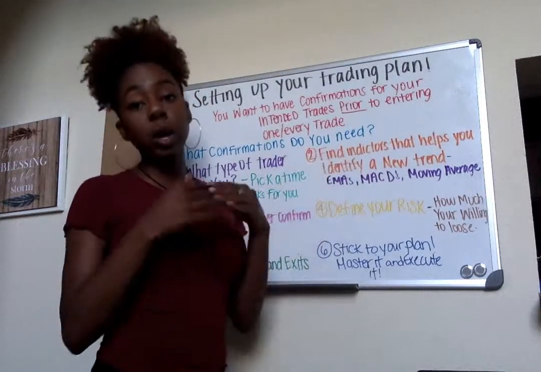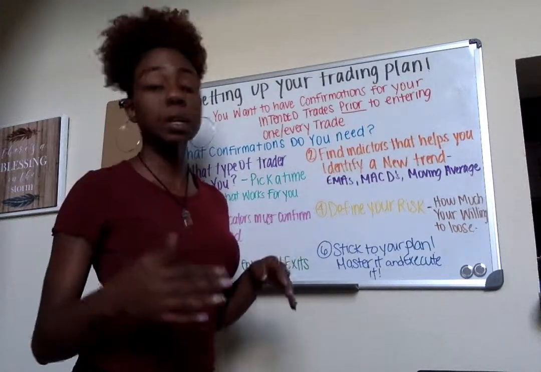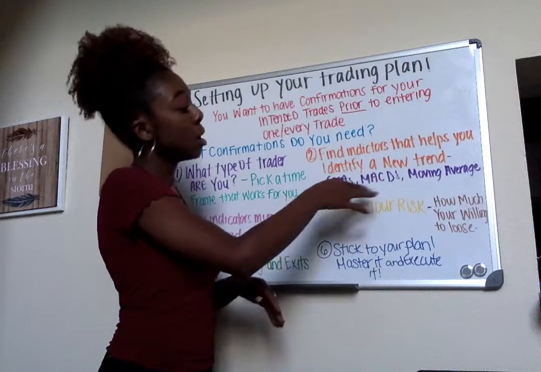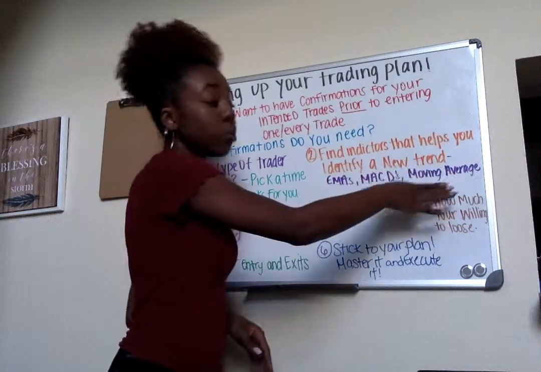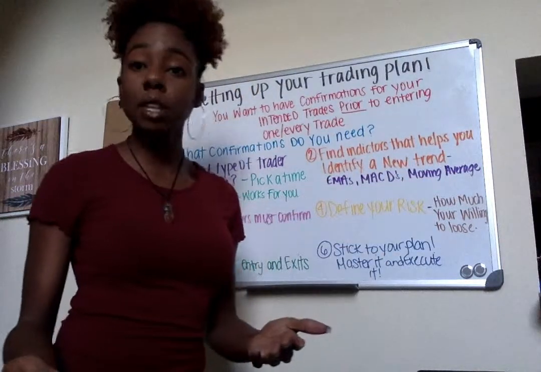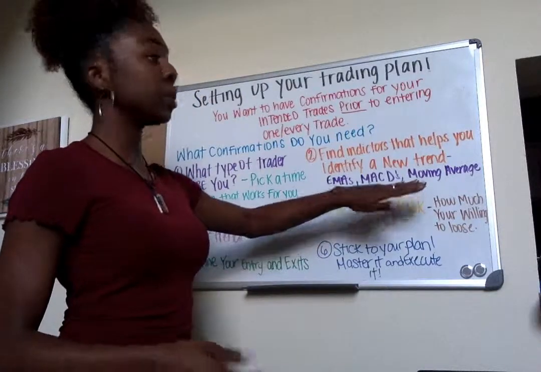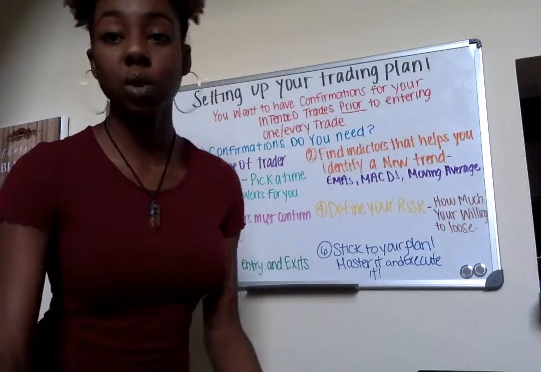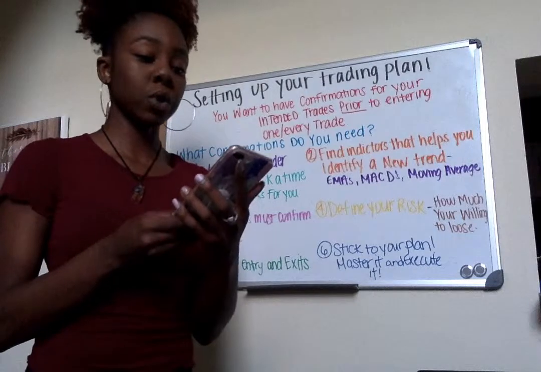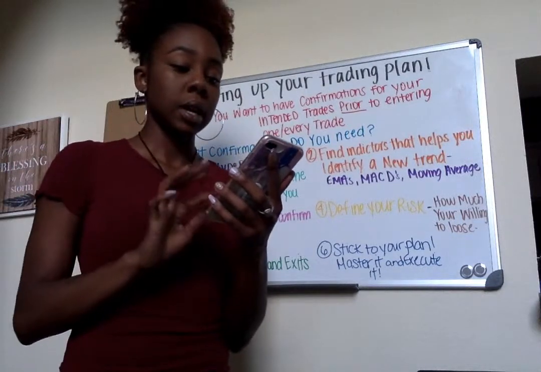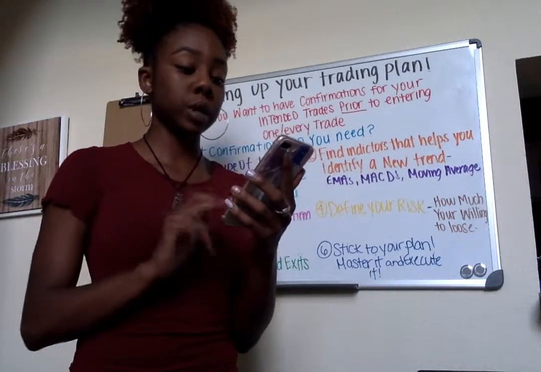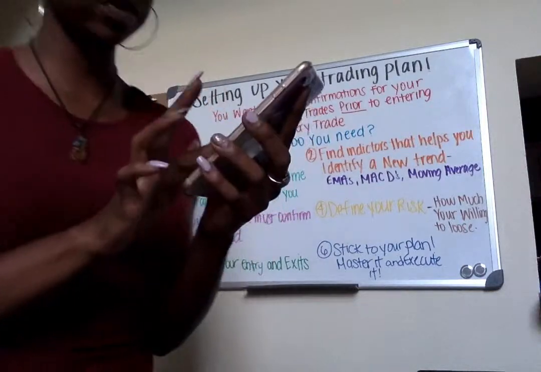Those indicators will help you understand which one it is, whether it is the EMA or the MACDs or your moving average. I know that sounds like gibberish, but it is very simple. I will actually show it to you because you've seen my chart in the previous videos.